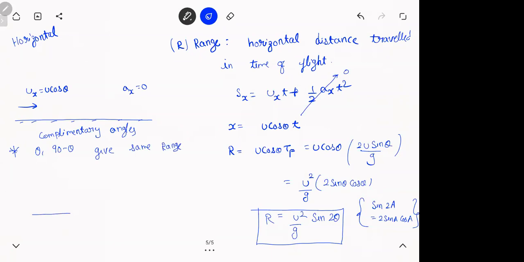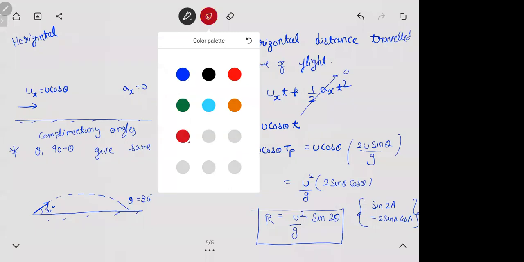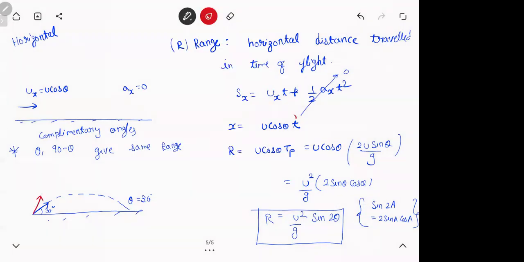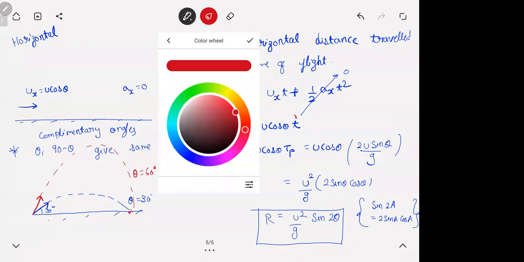See, if you project with 30 degrees, you will fall here. 30 का complementary angle कितना है? 60. So if you project with 60, you will go higher, but you'll again fall at the same place. So if you project with 30 or 60, you get the same range.